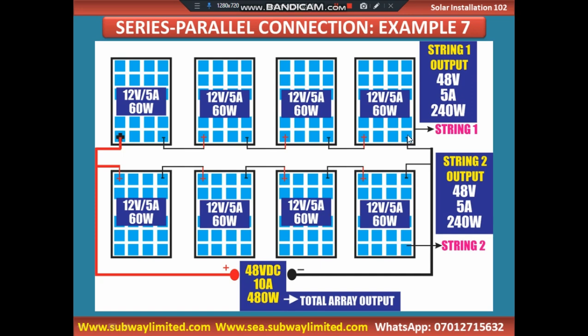So we come and link the negative of this one to the negative of this one. We are using this bigger wire to do the output, and we connect the positive of this one to the positive of this one. If it was in real life, we would always use our MC4. We said this before we started talking about connection.